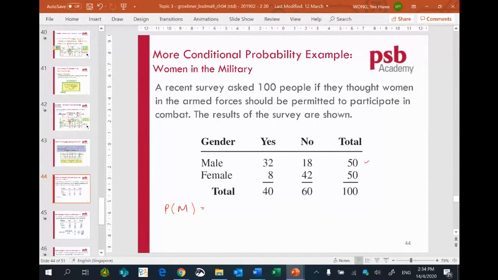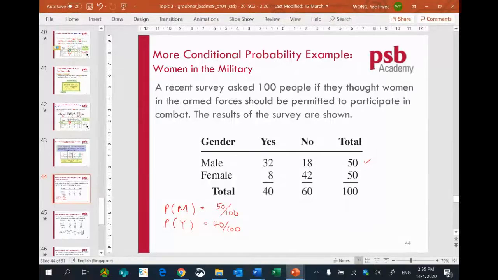How many males do we have? It will be 50 over 100. If I were to pick another person, a different question already, what's the chance I will get someone who says yes? 40 over 100.